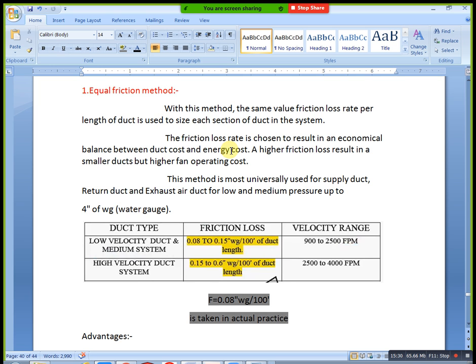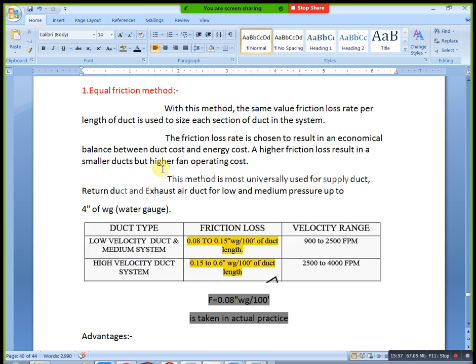When you increase the friction, pressure loss also increases, and we need to select a fan of higher capacity. Here friction is constant, so we have constant running cost also. A higher friction loss results in smaller ducts but higher fan operating cost.